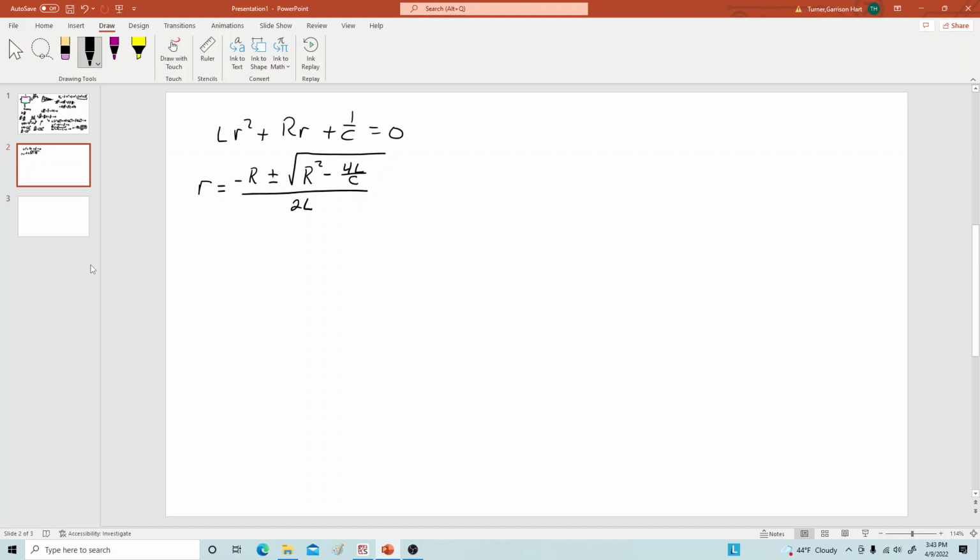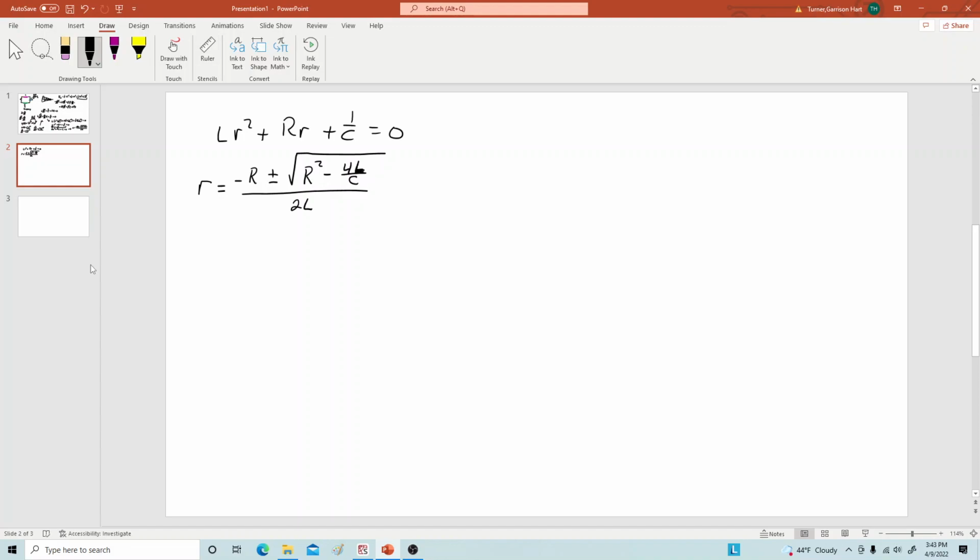Okay, so this is the description of the values for r that I want to use in my solution. And you'll notice there are two of them with the plus and minus form there.